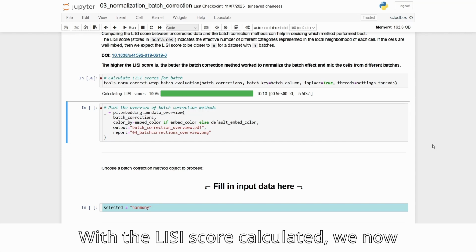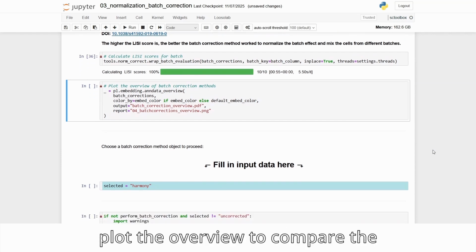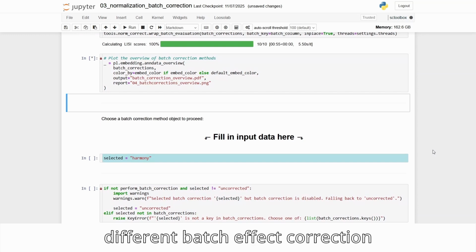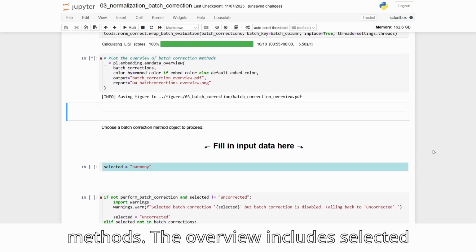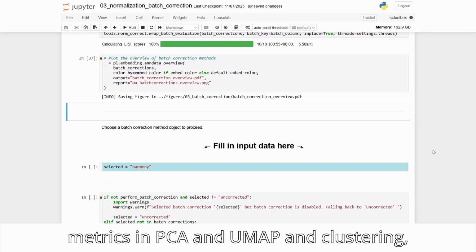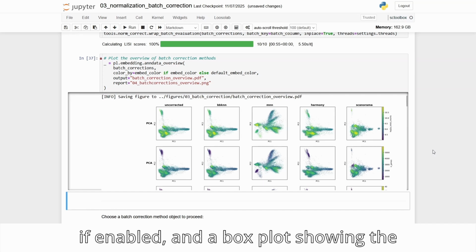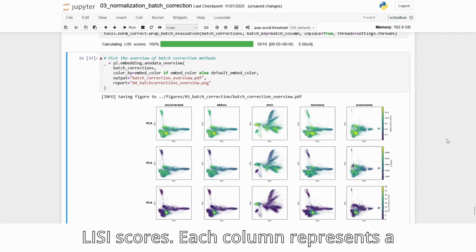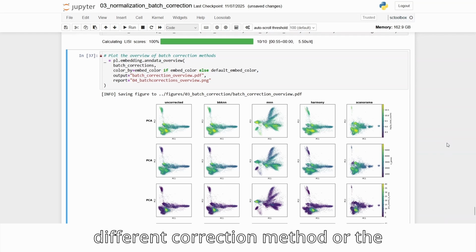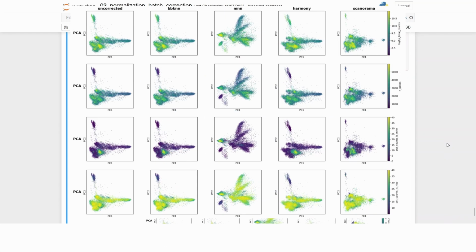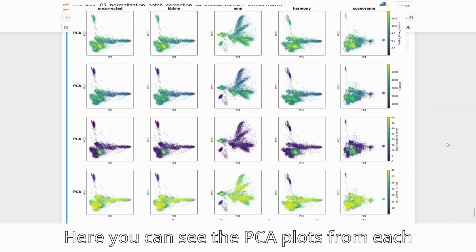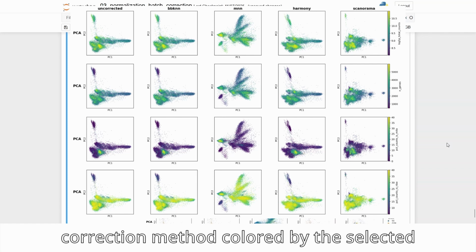With the LISI score calculated, we now plot the overview to compare the different batch effect correction methods. The overview includes selected metrics in PCA and UMAP and clustering, if enabled, and a box plot showing the LISI scores. Each column represents a different correction method or the uncorrected data. Here you can see the PCA plots from each correction method colored by the selected metrics.